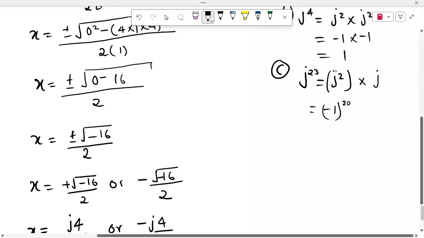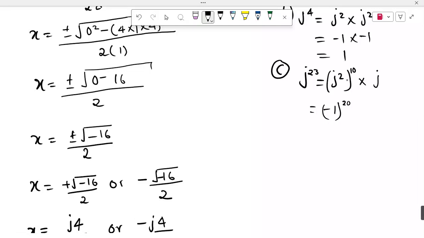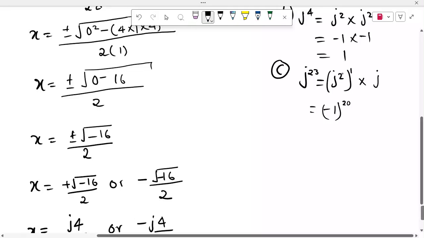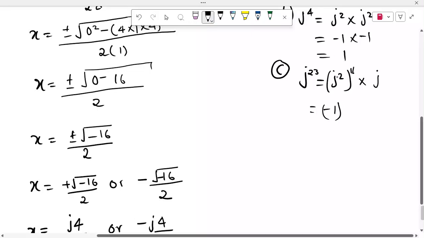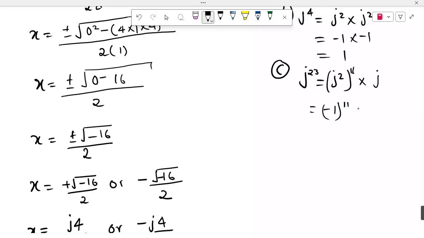This power has to be 11, because if you multiply 11 by 2, it will be 22, plus 1 it will be 23. Sorry for this one, can't have 20, because 20 multiplied by 2 will be 40. So power 11 multiplied by j.